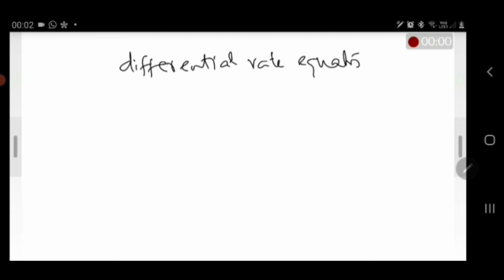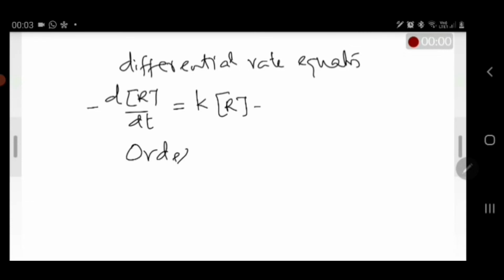The differential rate equation, dR/dt equals k times the molar concentration of R, says that the rate of the reaction depends on the molar concentration of the reactant, and the quantitative way of expressing this dependence of the rate of the reaction on the molar concentration is what we call the order of the reaction.